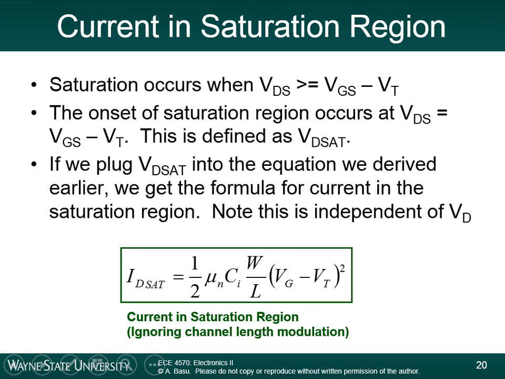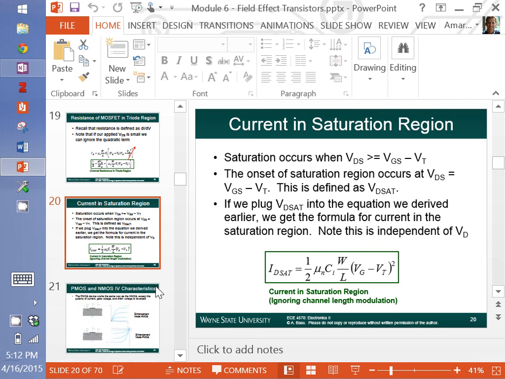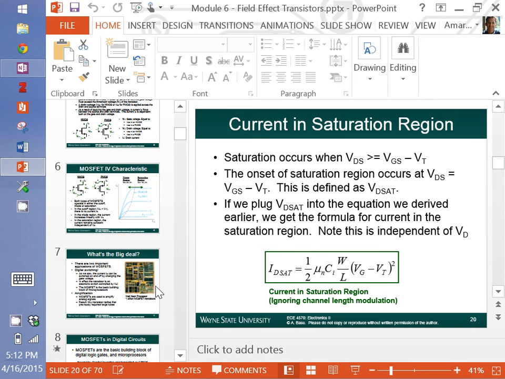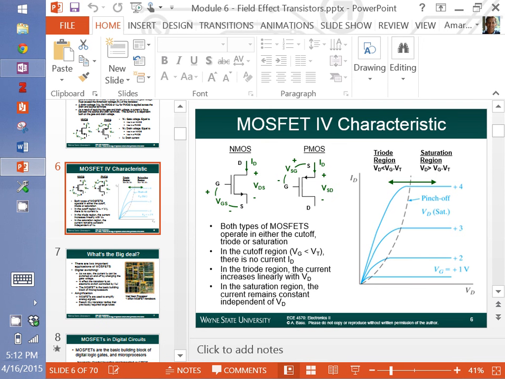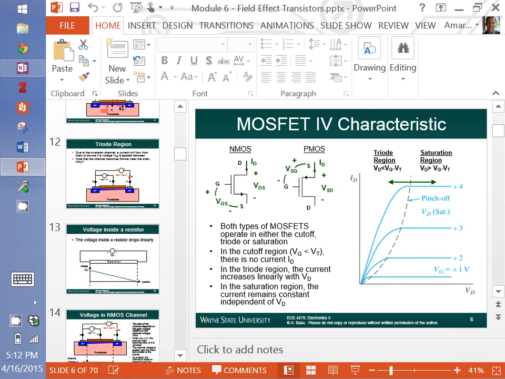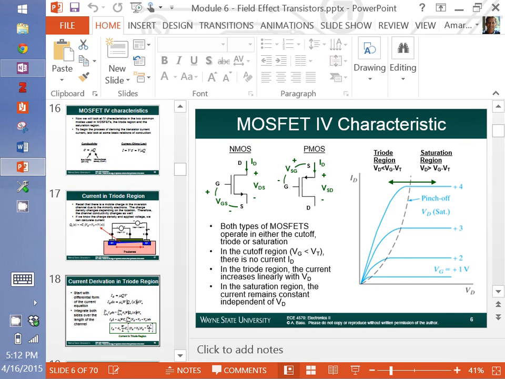So when we go to the saturation region, now we're talking about this portion of the curve. In the saturation region, the current saturates, it limits at a specific value.